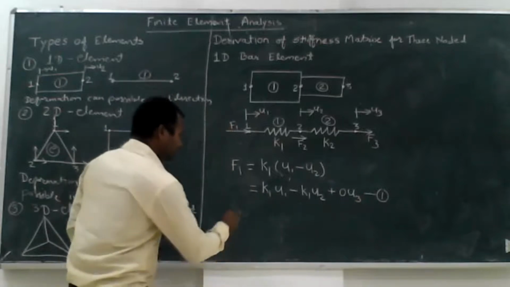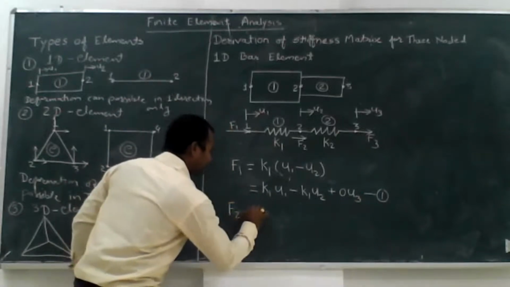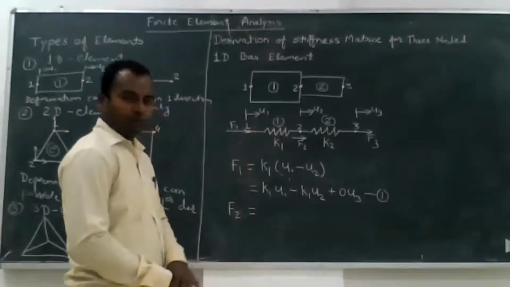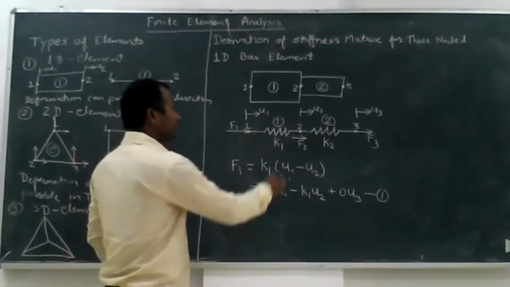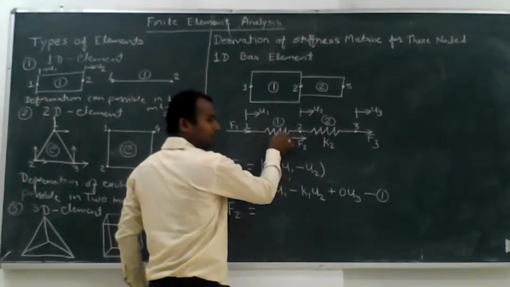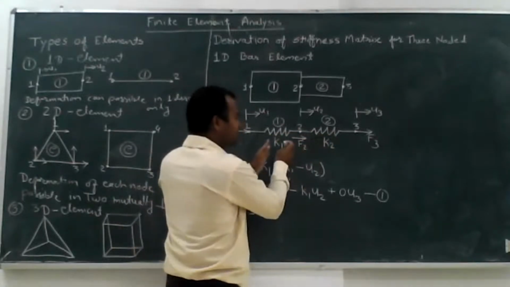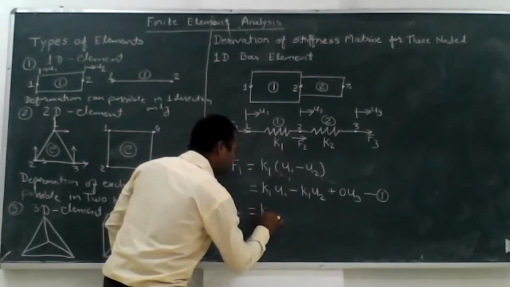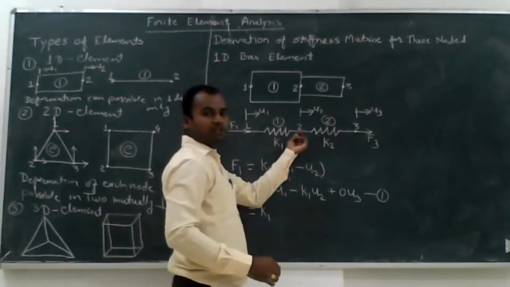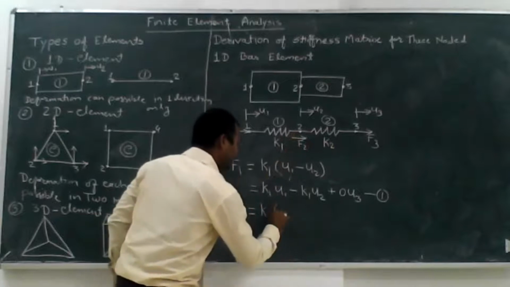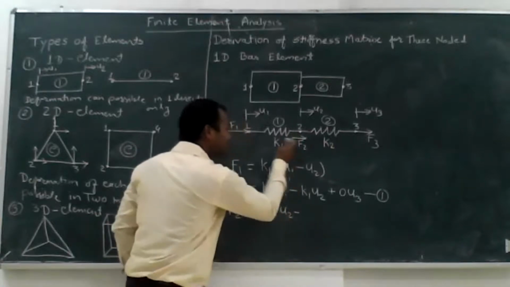Thereafter, the equation for force F2 at node number 2. Node number 2 is linked with element number 1 and element number 2. So first we consider element number 1, that is K1, and we find the displacement of node 2, so it is U2 minus U1.